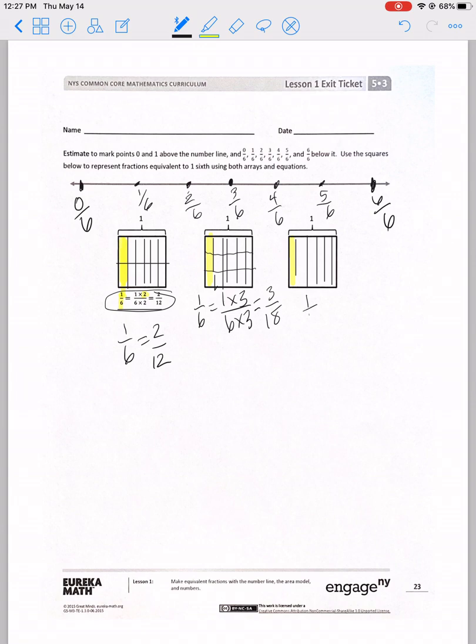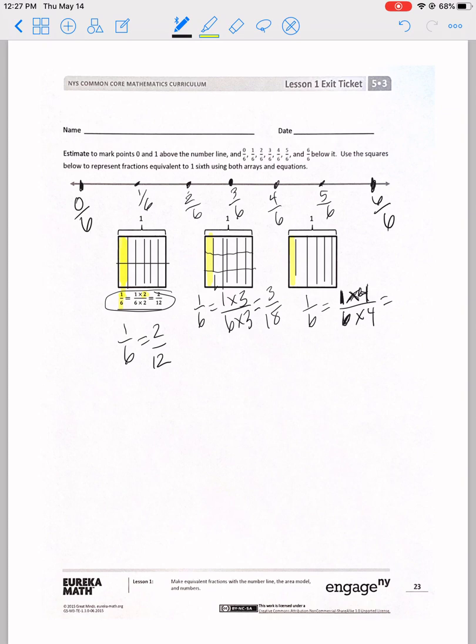Okay, moving on, 1/6, and now we're using 4 this time. This is the numerator times 4, sorry, and then the denominator 6 times 4.